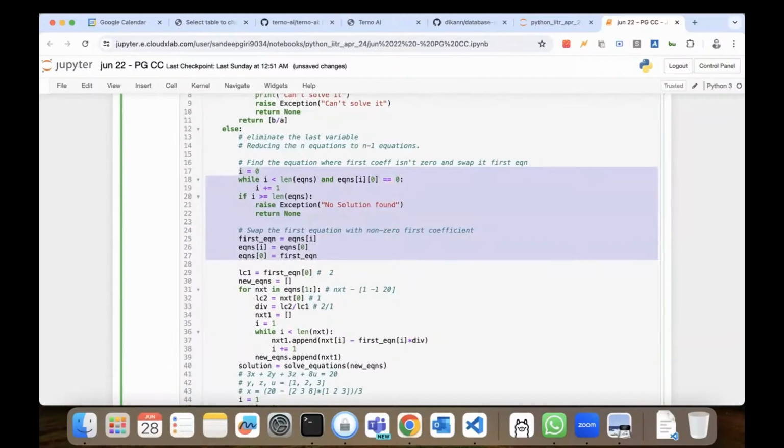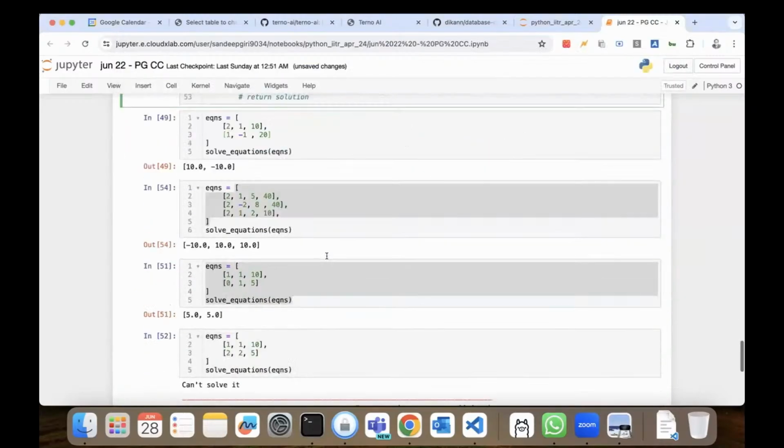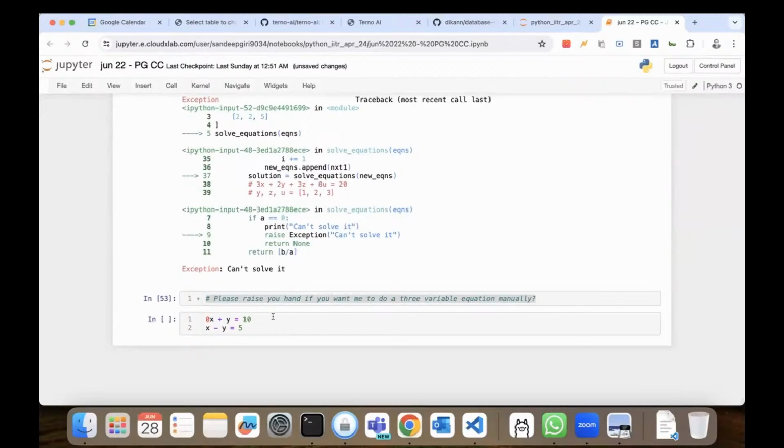So if you bring the screenshot back, what does this mean? Swap the first equation with non-zero first coefficient. So what we are trying to do is, let's say we end up with this kind of equation: y equals 10 and x minus y equals 5.